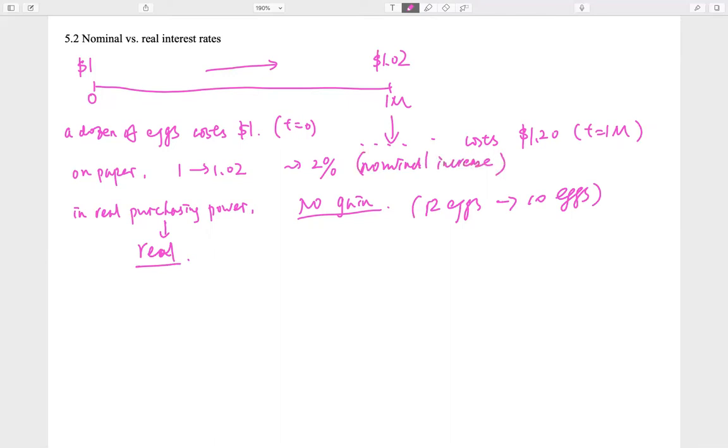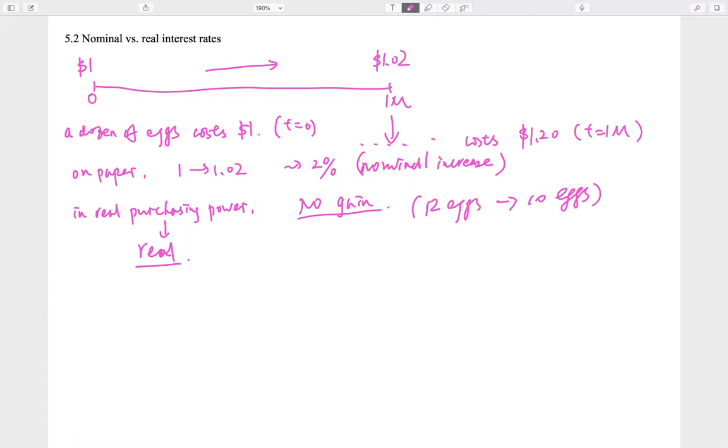Right. So in nominal terms, my wealth went up by 2%, but how much I can purchase does not increase by 2%. In this particular example, it actually went down, by about 2%. So it's 2 divided by 12, so it's slightly less than 2%.